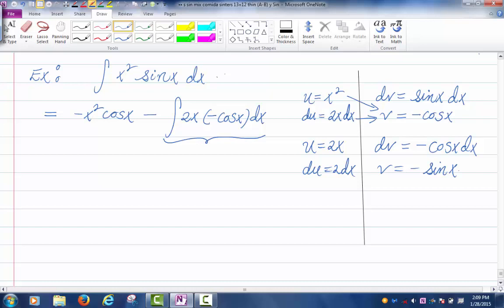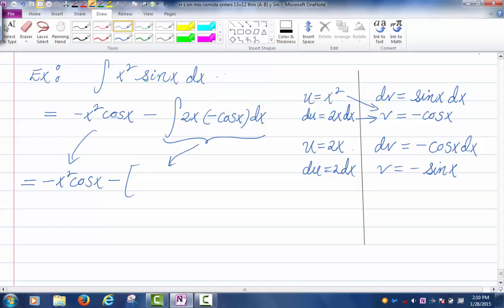If I pick u to be 2x, du would be 2dx, and then dv would be negative cosine x dx, and v would be negative sine x. Everybody's okay with that? So now I could say what? This is equal to negative x squared cosine x. So this is this term here minus, now this integral will come within the brackets.